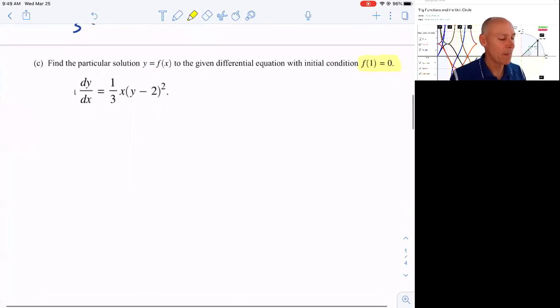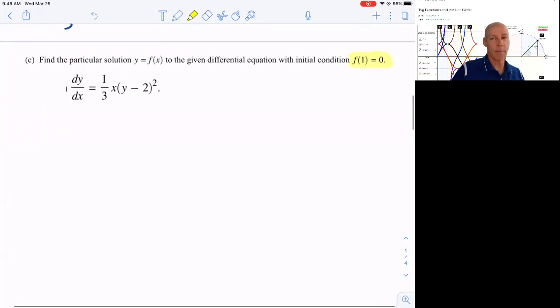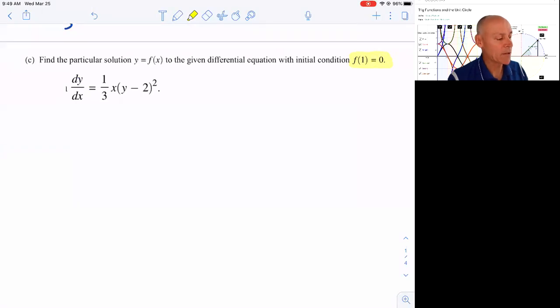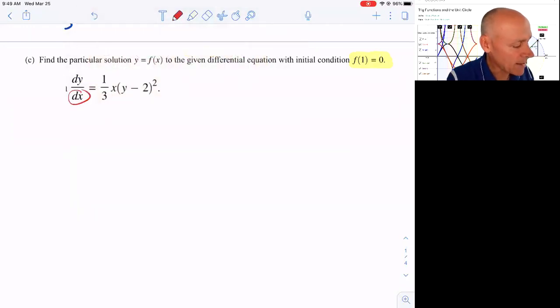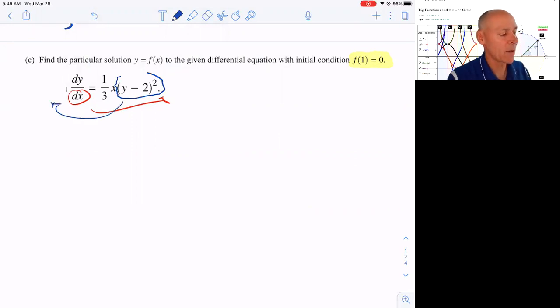Okay, well, my first step, and probably the most important step in terms of the points on this problem, is I want to do the separation of variables, and I need to make sure I do that correctly. So what I'm going to do is take the dx and move that to the right side, and then take my expression quantity y minus 2 squared and move that to the left side of the equation.